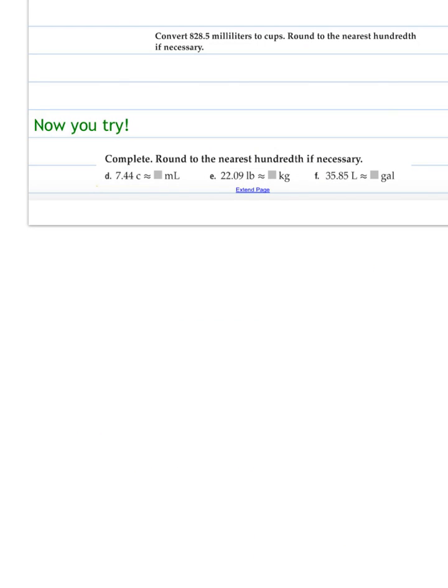All right, here are a couple for us to try. I'm just going to do the first two with you here. So we have cups to milliliters, and 1 cup equals 236 and 59/100 milliliters.